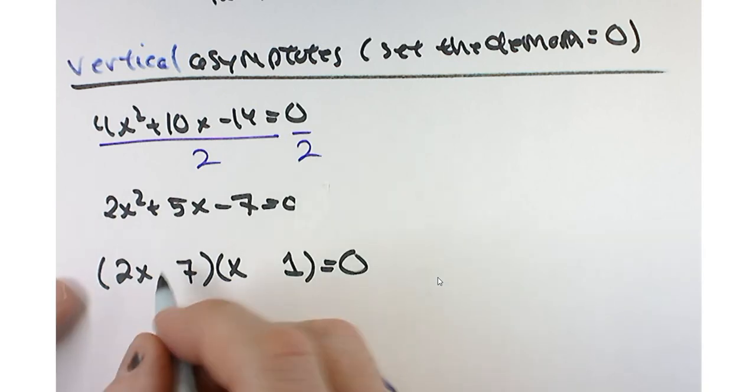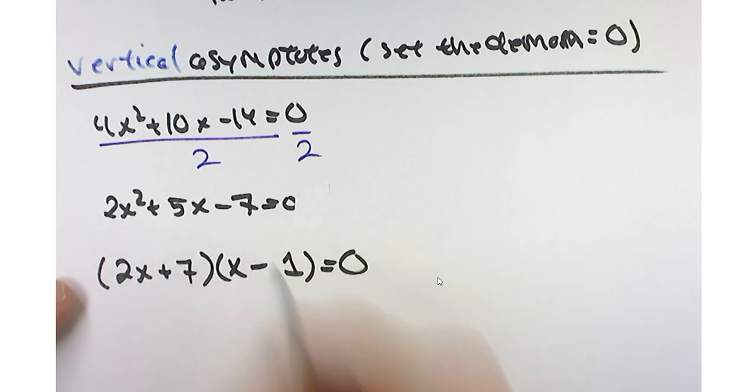Any winners? Plus 1. Good. Plus 7, minus 1. Now, like I said, your backup in this one is the quadratic formula. There's nothing wrong with the quadratic formula. Just unfortunately, it takes a little longer. No big deal.